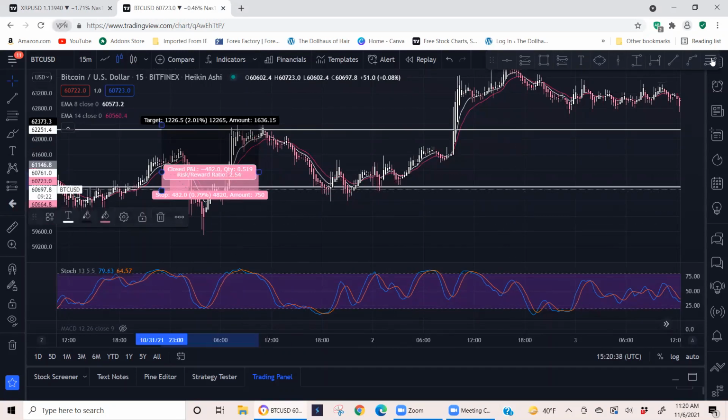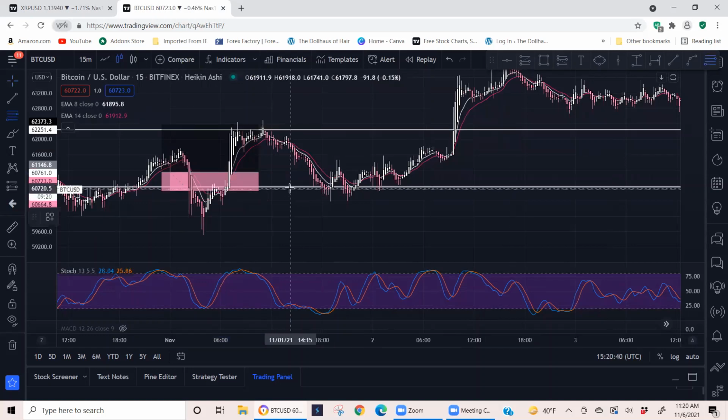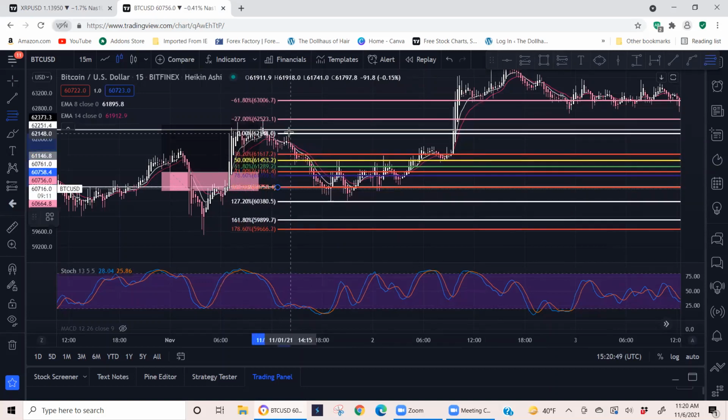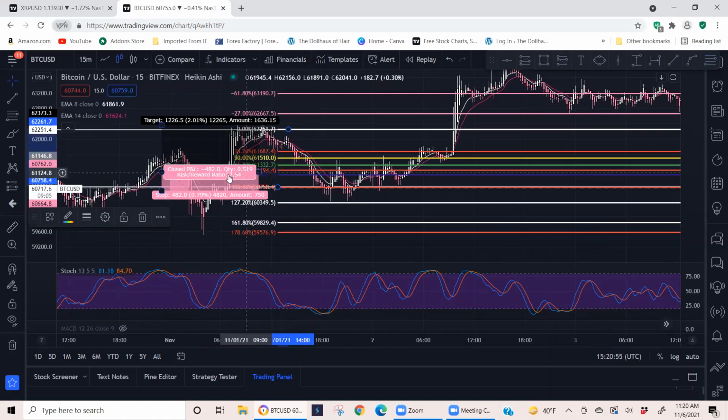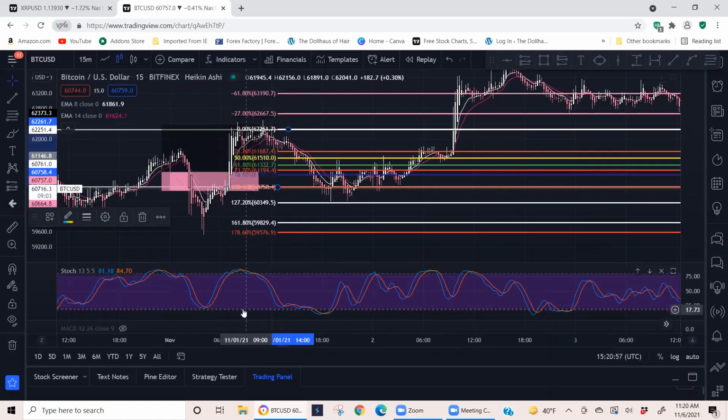So pretty much I took my Fibonacci. Obviously at this time, the overall trend was up. So once I found my support and resistance, I took my Fibonacci. I dragged it up to that area of resistance. And from there, I set my target price and stop loss.